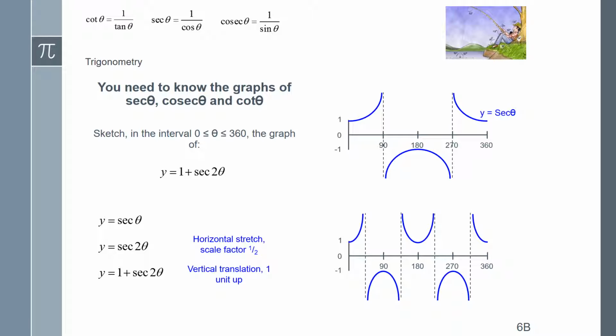And 1 plus sec 2 theta moves everything 1 unit up vertically. So that's 1 plus sec 2 theta. So we can use the shapes of graphs and our knowledge of the transformations of graphs to sketch the various graphs.